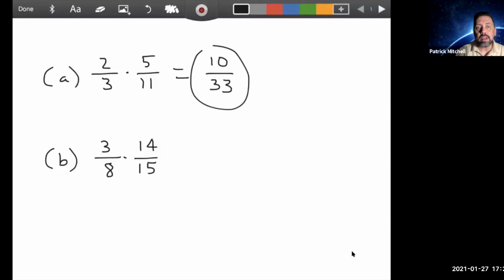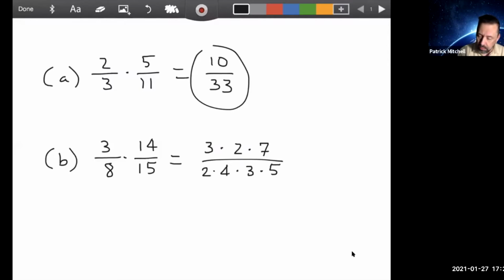But if you're doing something like 3/8 times 14/15ths, when I teach pre-algebra, I kind of insist that students show me all these steps because it is possible to mess yourself up if you do a shortcut. You have to find the common factors between the numerator and the denominator. So what I'm going to do in this case is write the 14 as 2 times 7. And then I'm going to write the 8 as 2 times 4, and I'm going to write the 15 as 3 times 5.